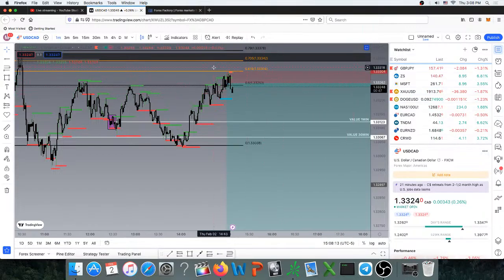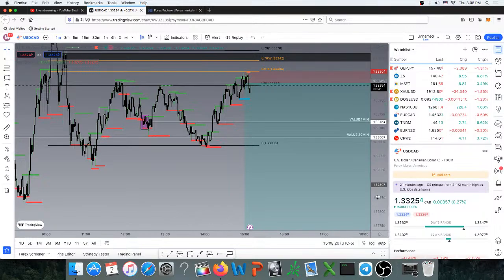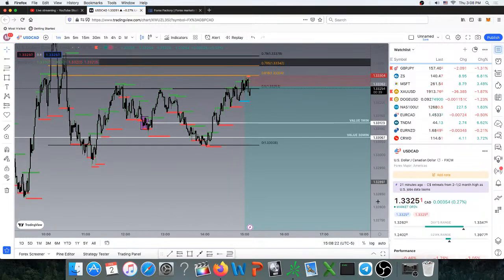There is some liquidity built up. But we're going to be happy with a 4 pip risk.